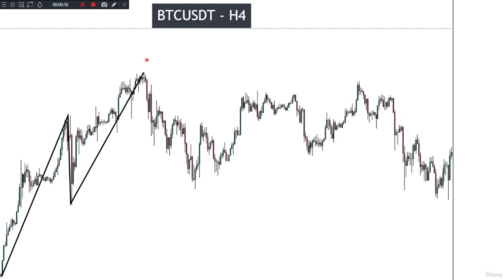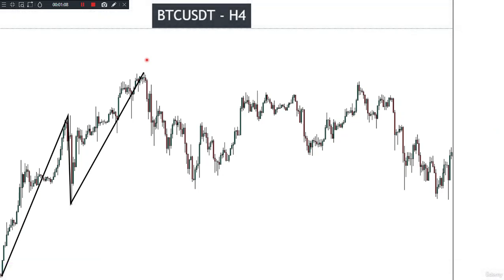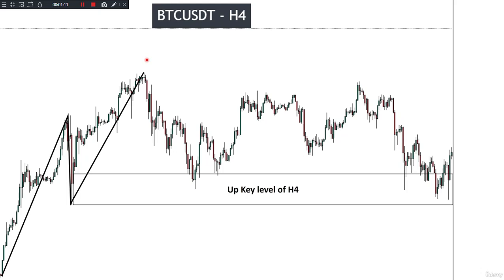In this section, we need to understand the basic cornerstone of the market structure first. Then when we come to the next section, you will absorb market structure theory faster. At this point, we have the up key level of the 4-hour time frame. As I explained before, at the up key level of the 4-hour time frame, a lot of buyers try to buy from the key level.